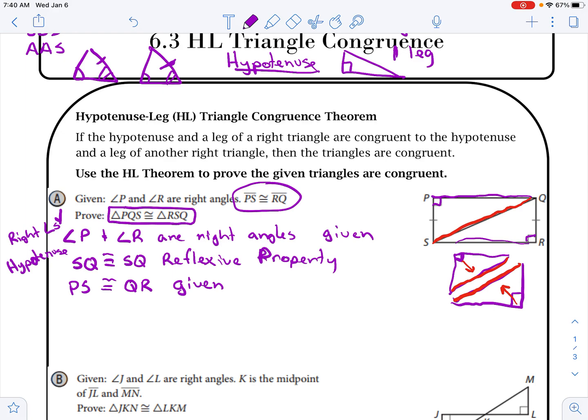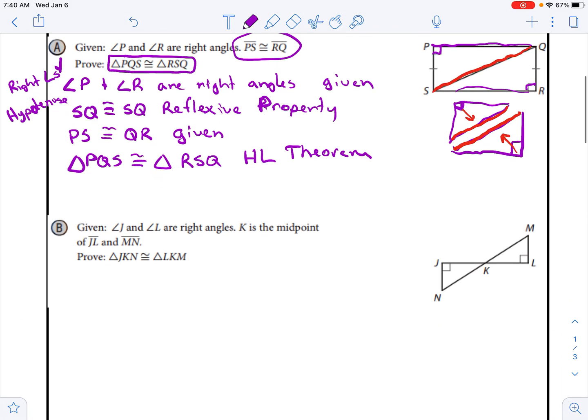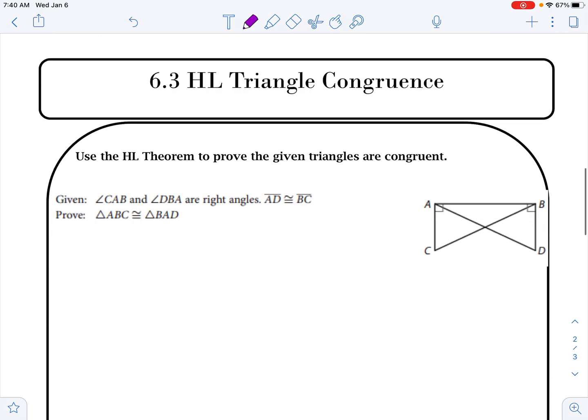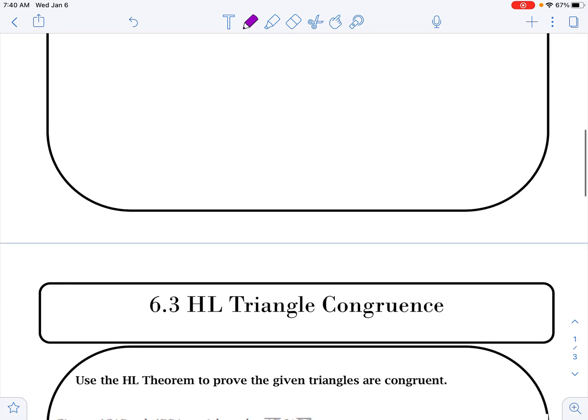So this statement right here will be my last one: triangle PQS is congruent to triangle RSQ, and this would be by the HL theorem, hypotenuse leg theorem, because we had a right angle, we had the hypotenuse, and we had a leg congruent. I'm going to go through one more of these proofs, and then you'll do this last one on your own.